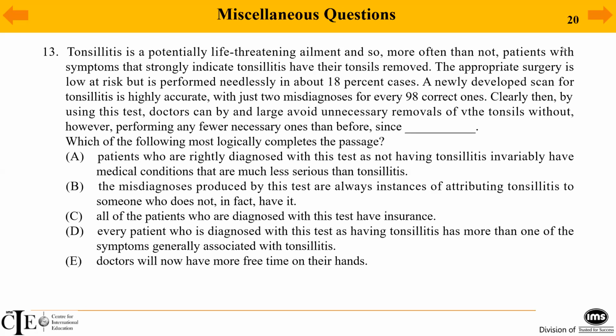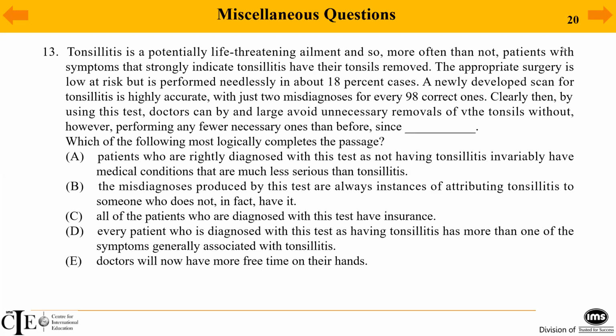Tonsillitis is a potentially life-threatening ailment. And so more often than not, patients with symptoms that strongly indicate tonsillitis have their tonsils removed. The appropriate surgery is low at risk, but is performed needlessly in about 18% cases. So unnecessarily this is performed, okay, on 18% cases.